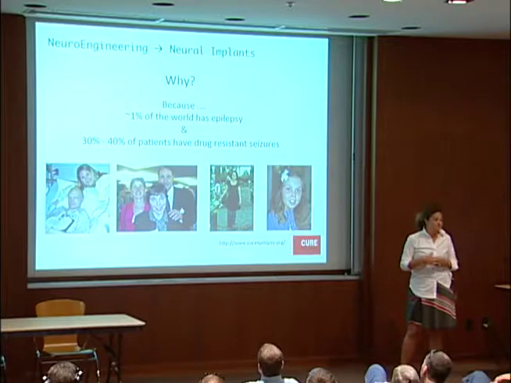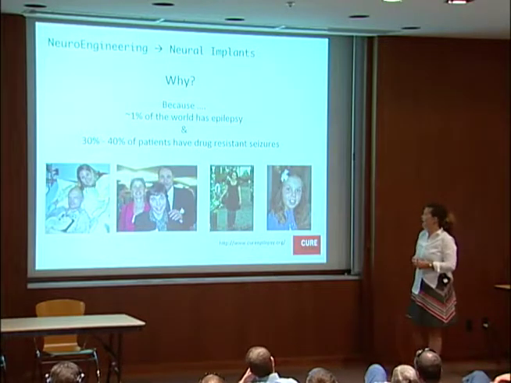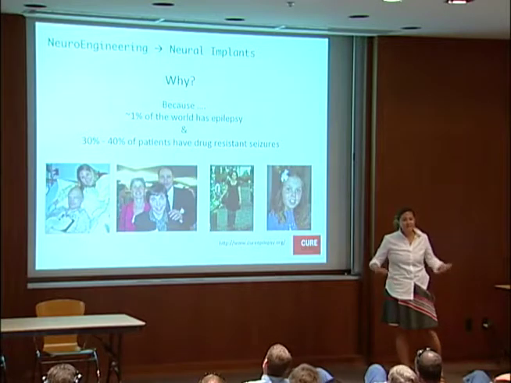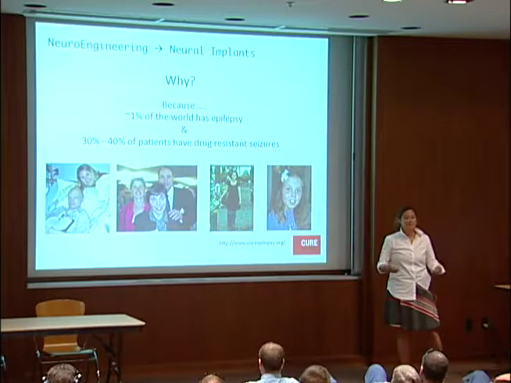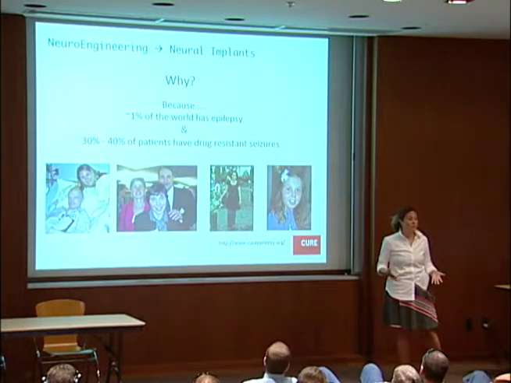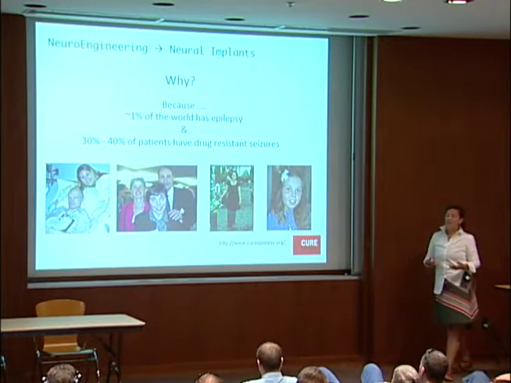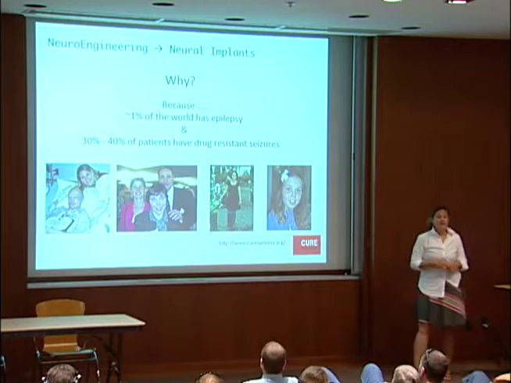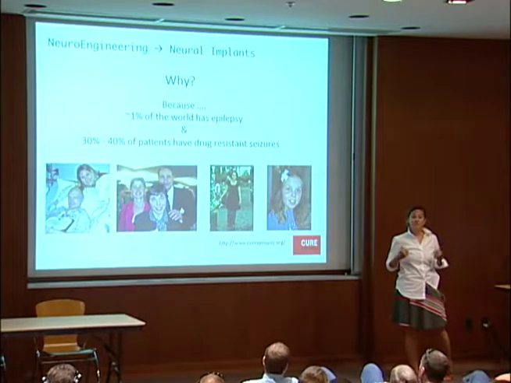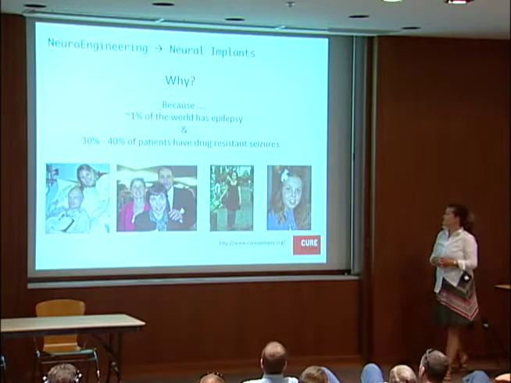Many of those patients are totally devastated by their seizures. And with our traditional route, new drugs keep coming in, and those drugs keep helping the same population of patients. We need a new way. Neuroengineering, and these neural implants, looks like one of our best paths to fixing this for some of these patients.